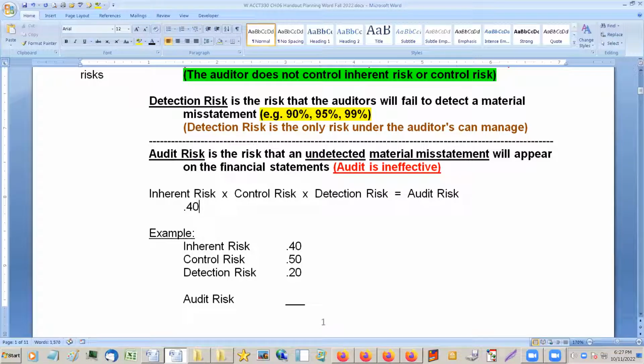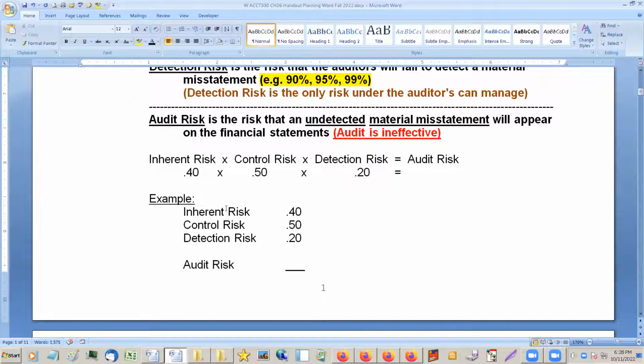And I know they've had this on the CPA exam before. I don't know how recently, but 0.4 times 0.5 times 0.2. And that will equal our audit risk.